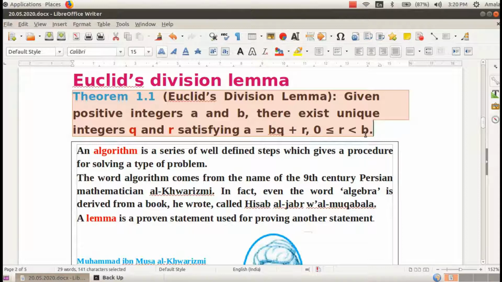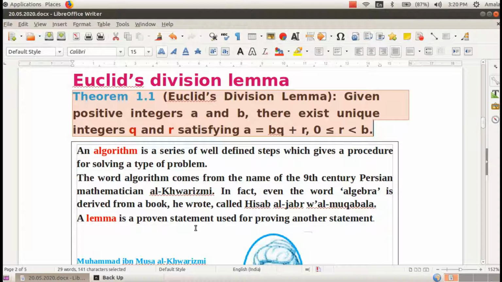You may be confused what is lemma and what is algorithm. A lemma is a proven statement used for proving another statement. In class 9, we already learned axioms and postulates. Like that, lemma is a proved statement.